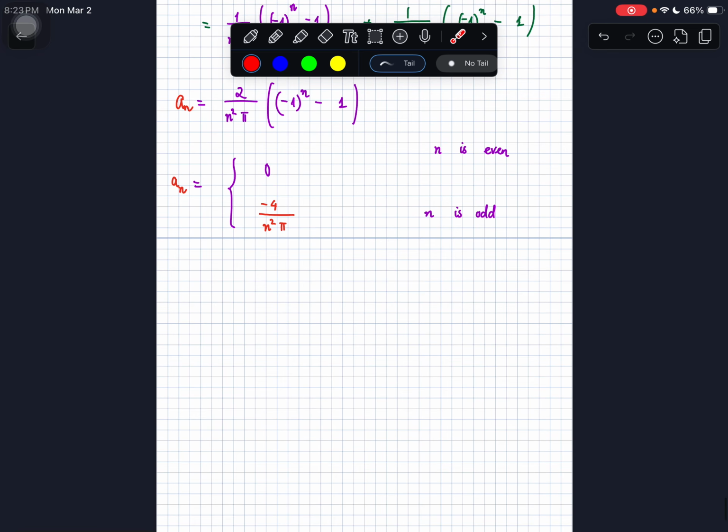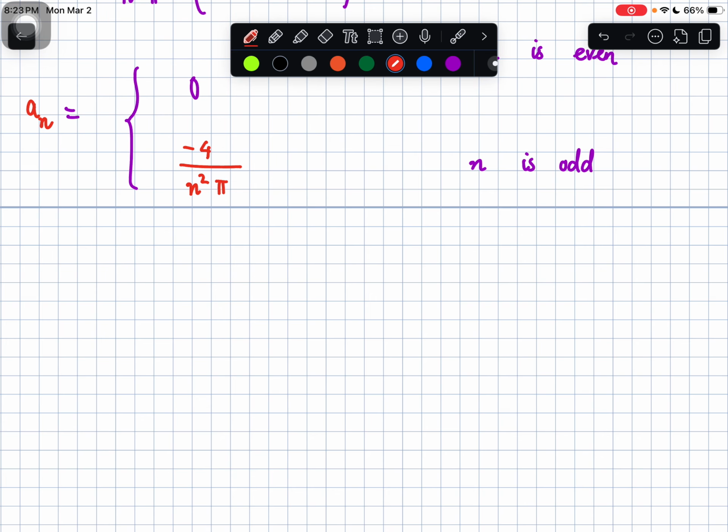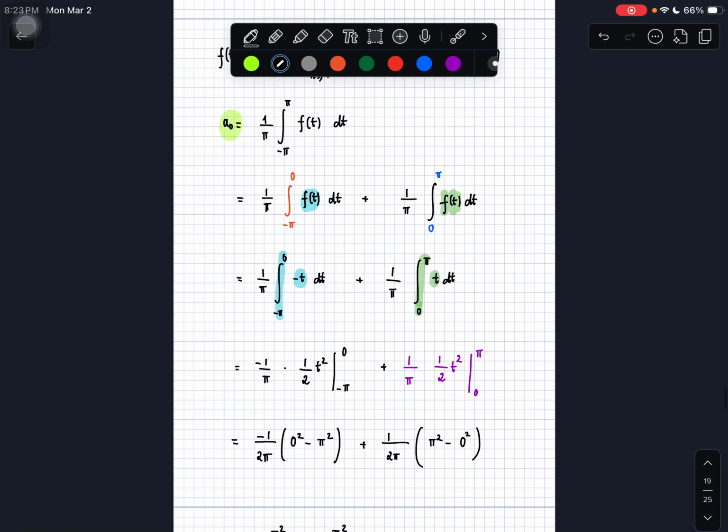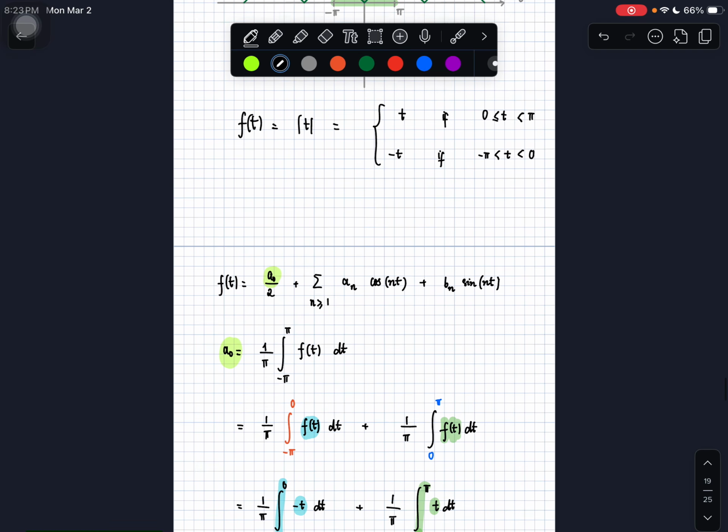Let's do it for Bn. Bn is equal to 1 over pi integral from minus pi to pi of ft sine nt dt. Now let's look at the Fourier series. Here's our Fourier series.